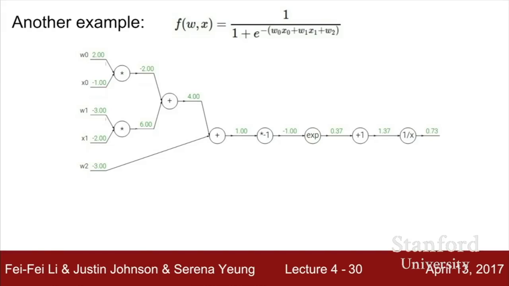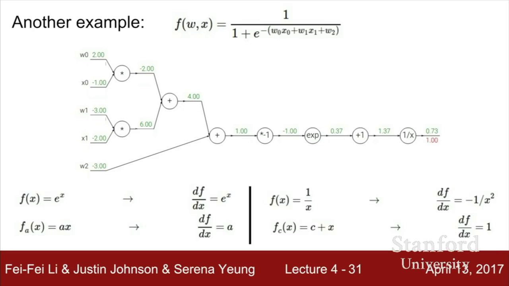And then here I've also filled in values of these. So let's say given values that we have for the w's and x's, we can make a forward pass and basically compute what the value is at every stage of the computation. And here I've also written down at the bottom the expressions for some derivatives that are going to be helpful later on, same as we did before with the simple example.